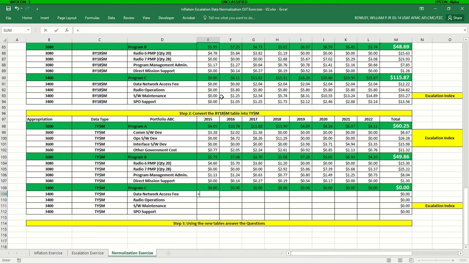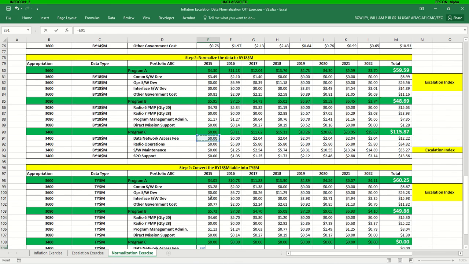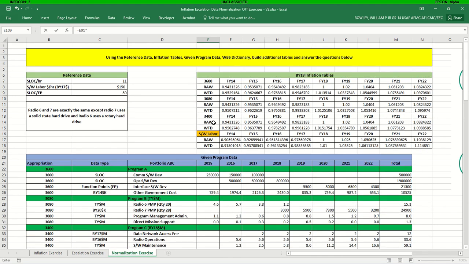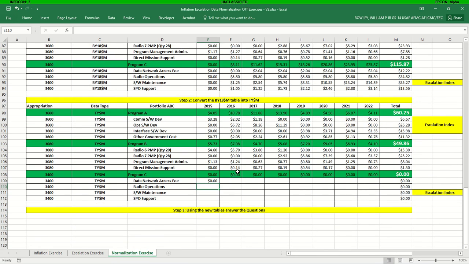Program C, we've got 3,400. We're going to multiply 3,400 by the FY15 weighted index. And again, we're going to lock this reference, but only for the rows.